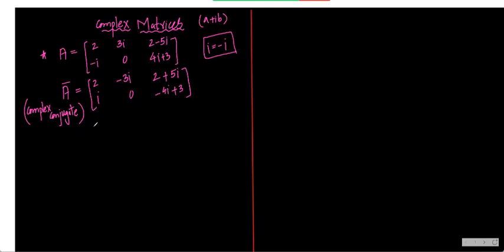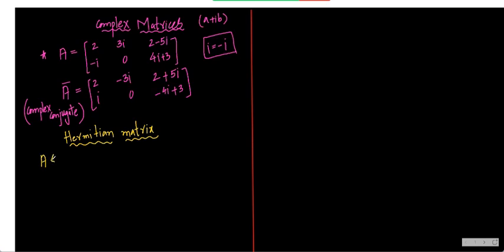Then after that, we have a definition called Hermitian matrix. It is there in your syllabus. Have you seen the syllabus? There is a definition called complex matrix, and under that the Hermitian matrix definition is also there. So, what is the definition?